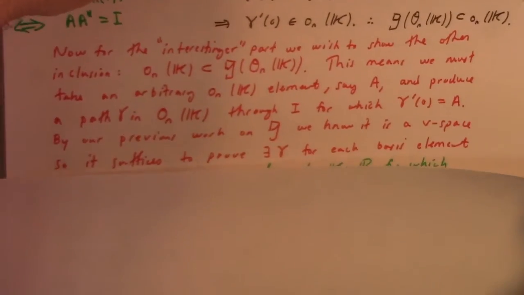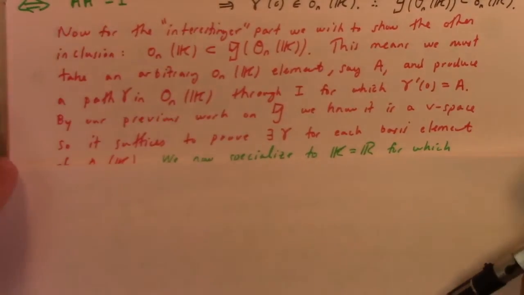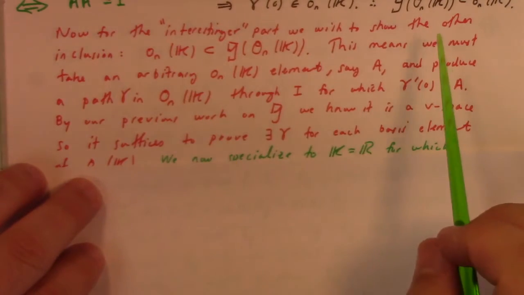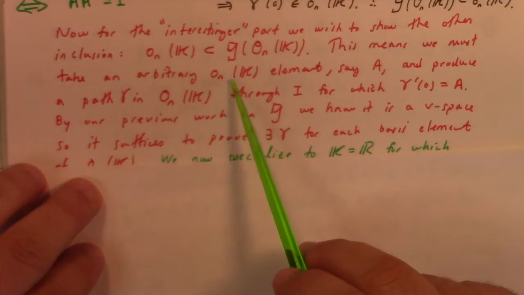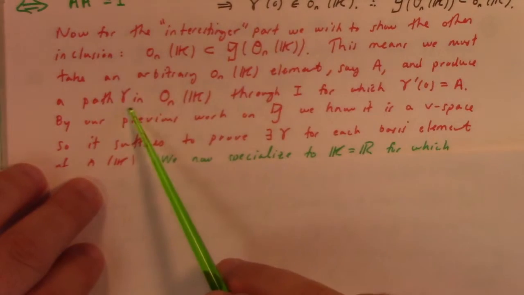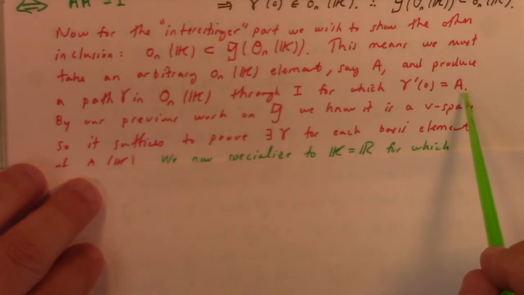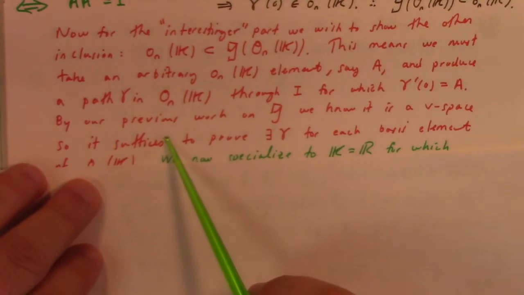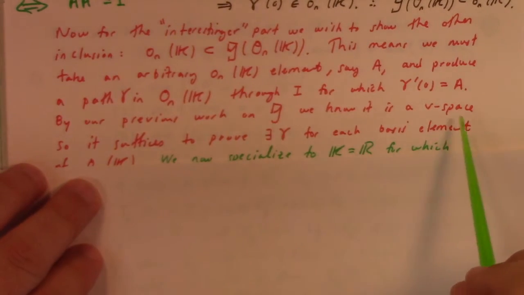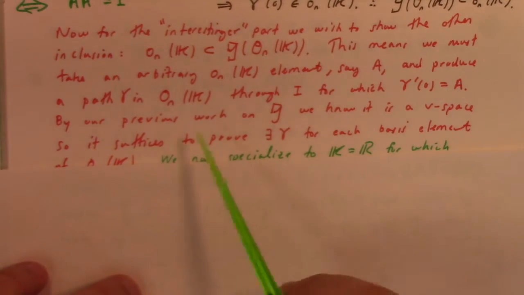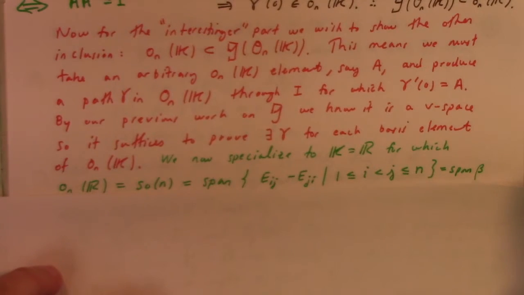For the more interesting part, if we want to show the other inclusion, that means we have to take an arbitrary o(n,K) element, say A, and produce a path in big O(n,K) through I for which gamma prime of 0 is equal to A. From our previous work on the Lie algebra g, we know that it's a vector space, so it suffices to prove that there exists a curve that gets you each basis element.